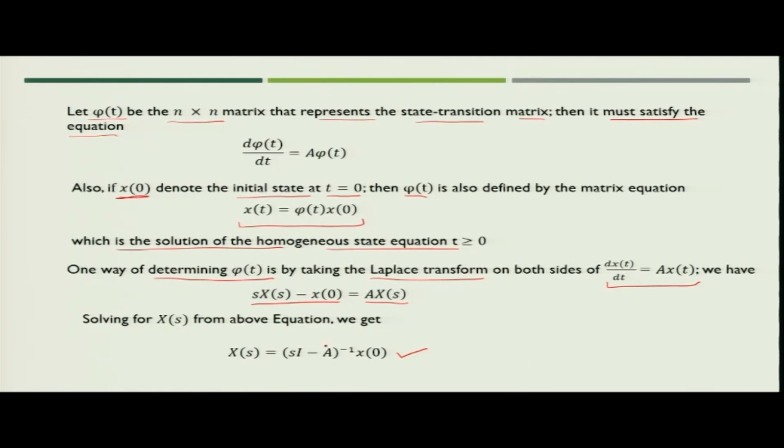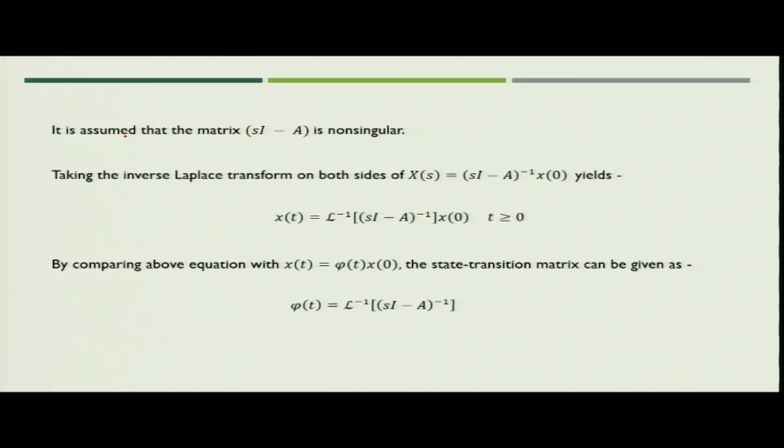Now, we are taking the inverse of the matrix sI minus A. The important property which we have to assume here is that the matrix sI minus A is non singular, meaning its determinant is not equal to 0. Now, let us take the inverse Laplace transform on both sides. The equation we have is X(s) equal to (sI minus A) inverse x0.